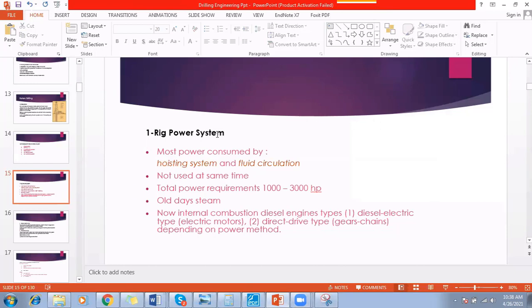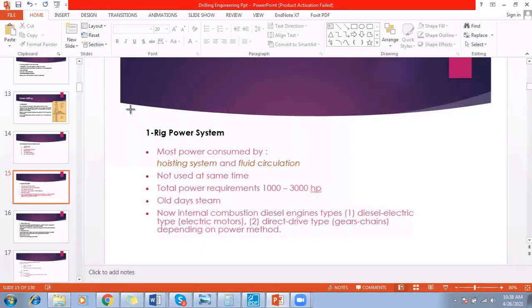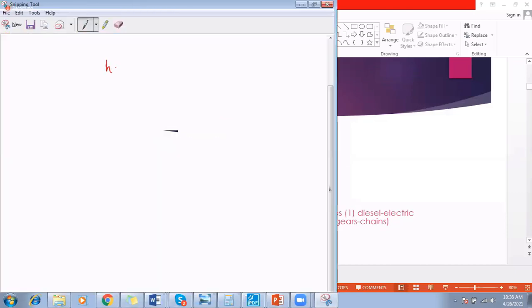The main point here is that the hoisting system and fluid circulation actually happen on an alternate basis. What is meant by alternate basis? It is not possible that the hoisting system and fluid circulation system are happening at the same time.